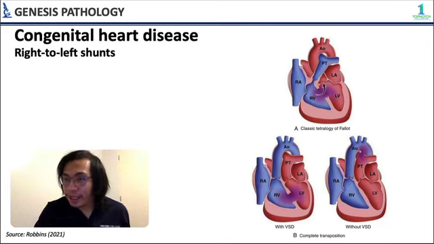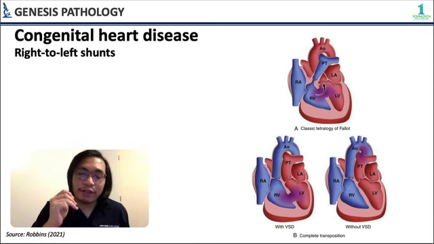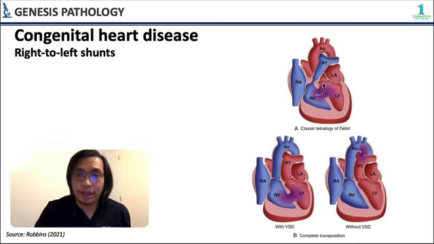We have your VSD, okay? We have your overriding of the VSD by the aorta. We have your right ventricular outflow tract obstruction and right ventricular hypertrophy. Okay? So that's your tetralogy of Fallot.